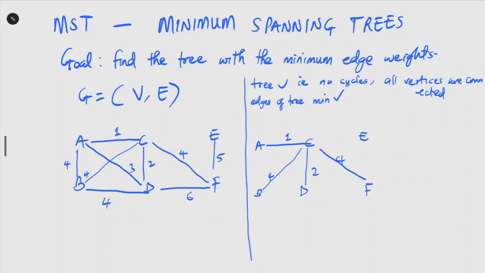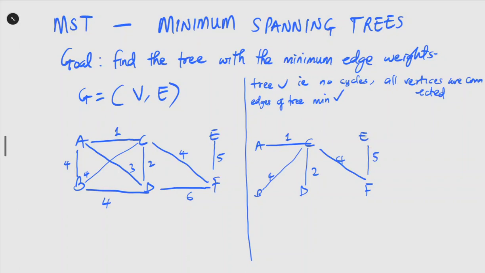If we ever have a vertex that has no edge touching it, then there is a disconnect. So if we had something like this, then this is not a tree. So all the vertices are connected. That checks off. And there are no cycles.